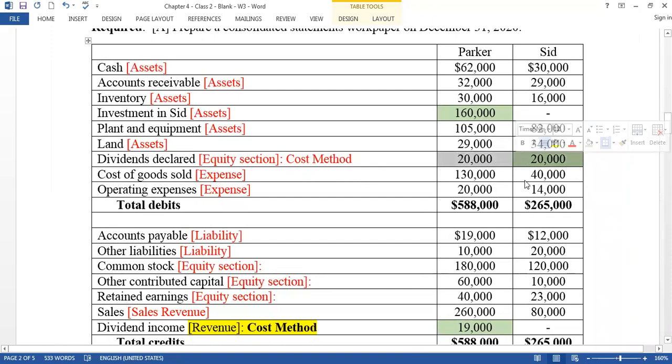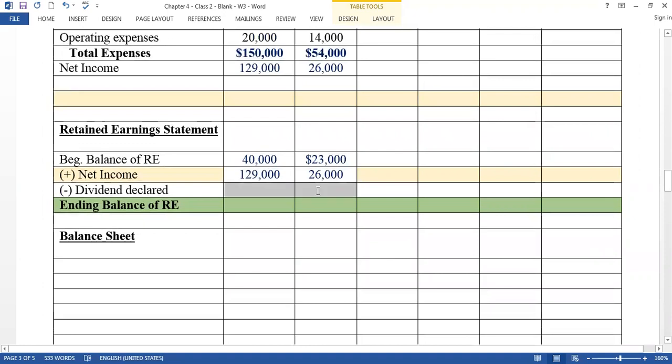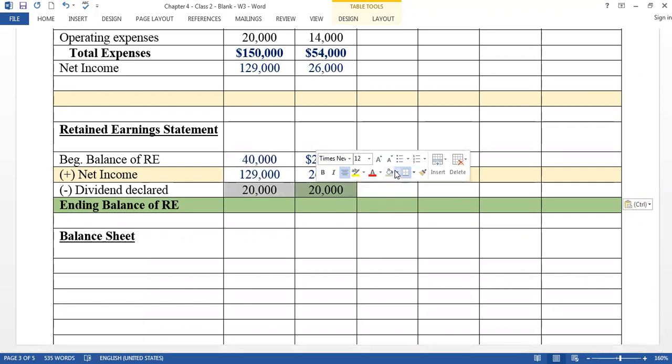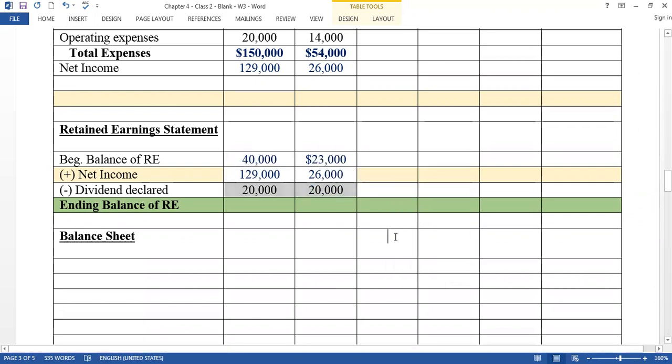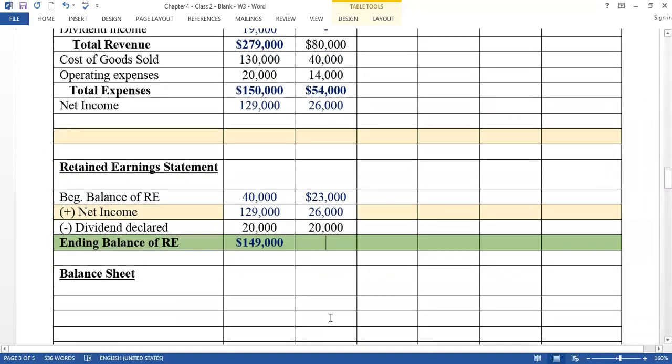In both cases, $20,000 dividend declared, right? So beginning balance plus net income minus dividend declared equals ending balance of retained earnings, and it is $149,000 for the parent company, and for the subsidiary company it is $29,000.